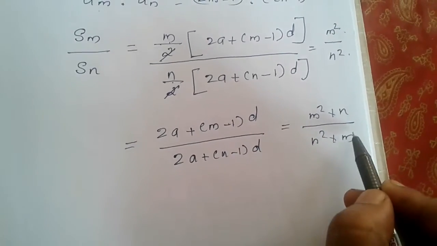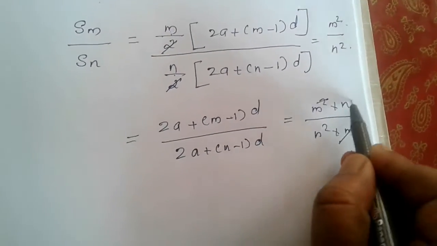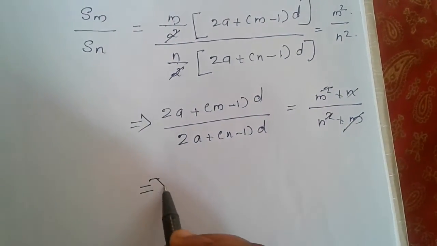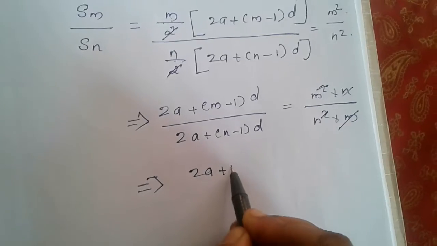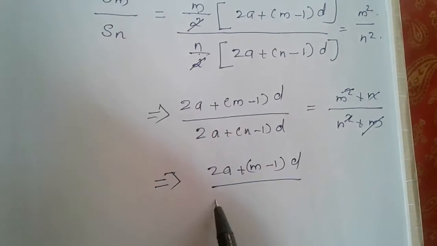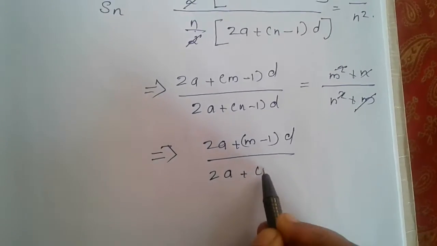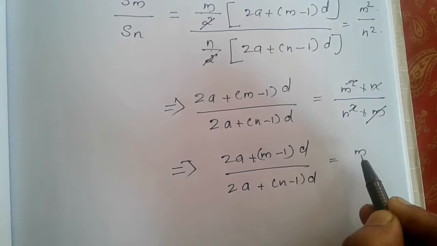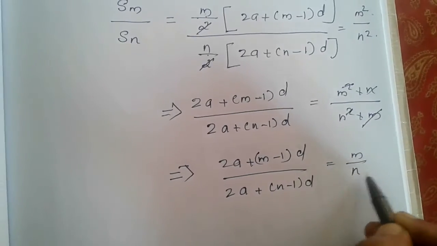So we are cancelling m and square, n and square. We are getting 2a plus m minus 1 into d by 2a plus n minus 1 into d equal to m by n.